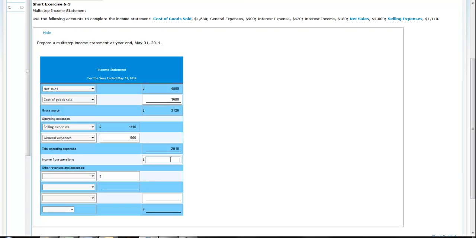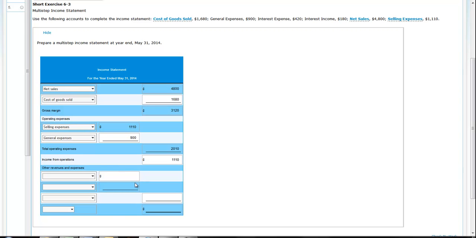It's not going to be our overall net income, but it's going to be the income that our company earned from the operations of the business. So we take $3,120 minus our $2,010, and we come up with income from operations of $1,110. Now there are other revenues and expenses in the business, and those are going to be in their separate category.